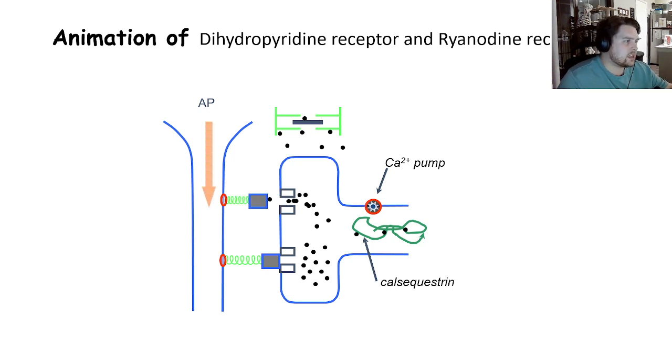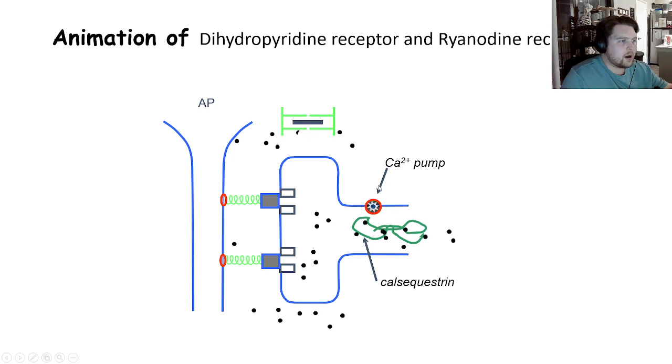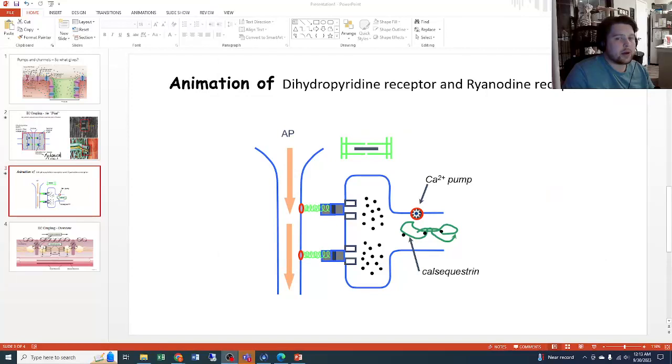The DHP receptor recognizes it, changes the voltage, the ryanodine channel opens, calcium comes out, contraction occurs, the calcium pump brings it back in, and calsequestrin stores it. Okay? Let me move that back. Okay.